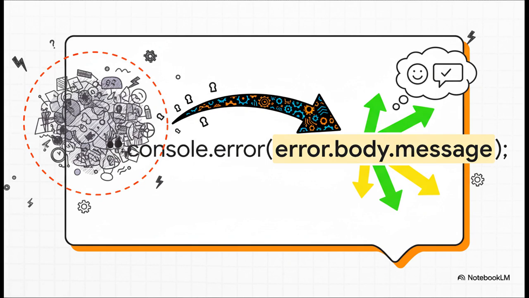When an error comes back from Apex, it's not just a simple message, it's this big, complicated object. If you just do a console.log on the whole error, you're going to get a bunch of useless noise like object. But if you log error.body.message, that's the secret. That digs into the object and pulls out the one thing you actually need, the clear, easy-to-read error message from Apex that tells you exactly what went wrong.